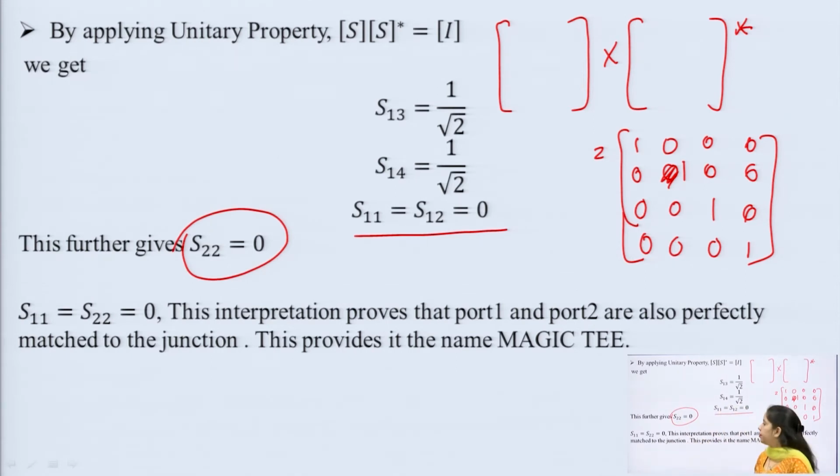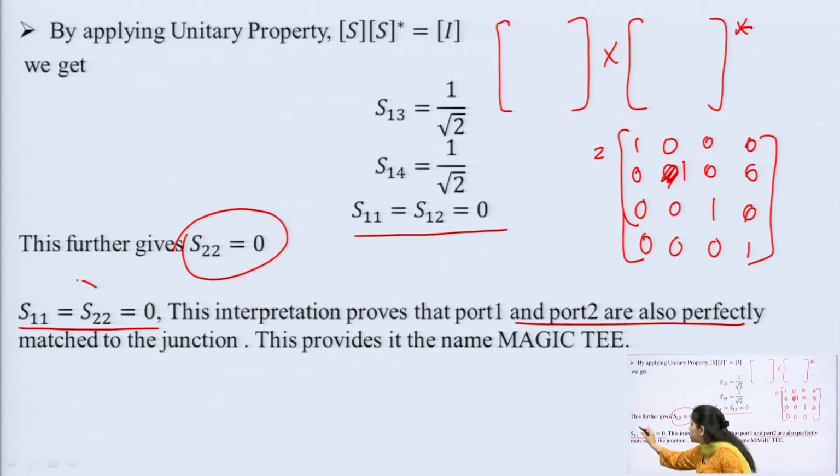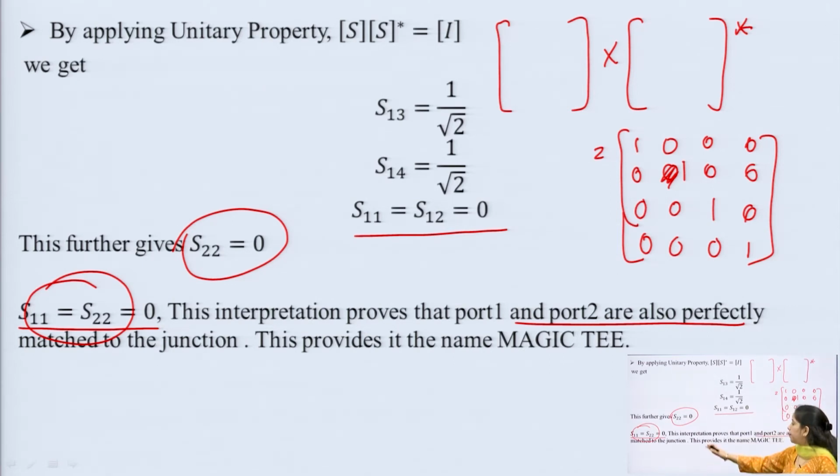From this relation, we come to another conclusion, that is S11 should be equal to S22 equal to 0. This interpretation exactly proves that port 1 and port 2 are also perfectly matched to the junction. We did not assume this initially, but after the calculation and the complete derivation, we are able to come to this conclusion.